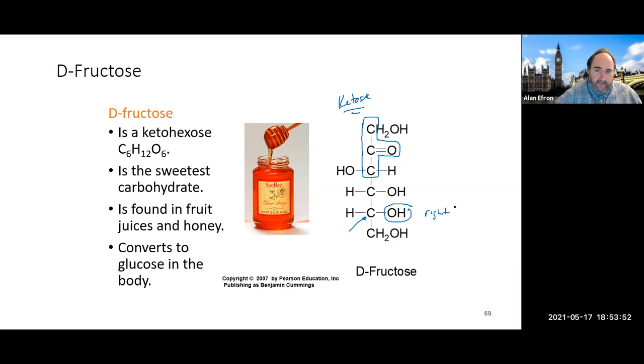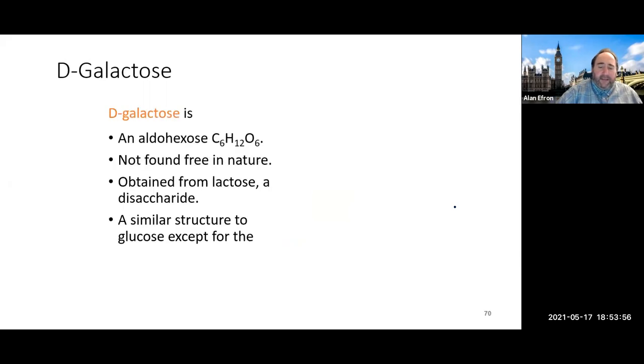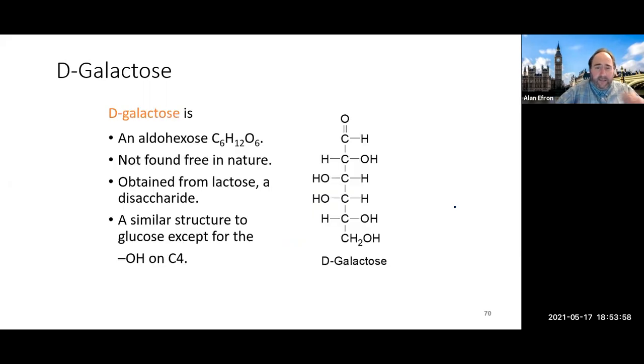Galactose is another one you did need to recognize. You can see all these guys have almost the same formula, except that the arrangement of the OHs and such is different. It's obtained from lactose, a disaccharide. It's not found free in nature. It's very similar to glucose, also an aldose, also a hexose in this case.